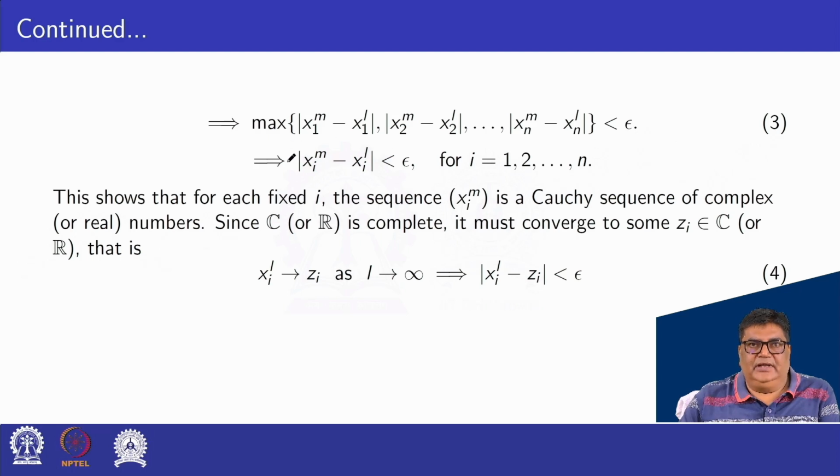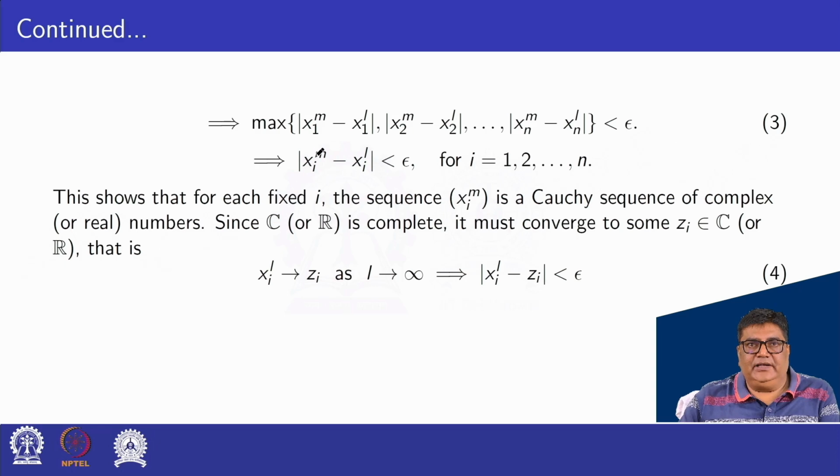This implies that |xmi - xli| is less than epsilon for i = 1, 2 and so on n, because the max value of |xm1 - xl1|, |xm2 - xl2| and so on |xmn - xln| is less than epsilon.